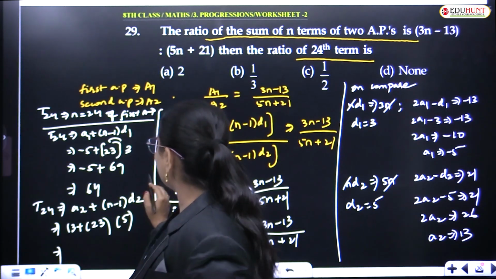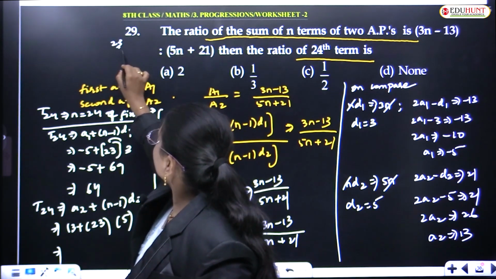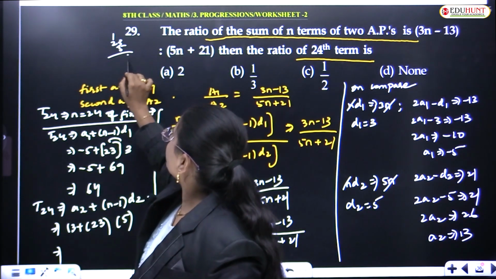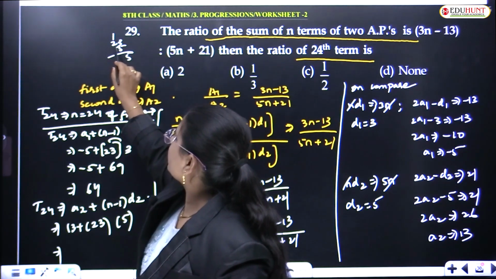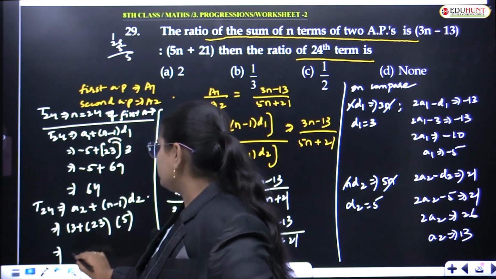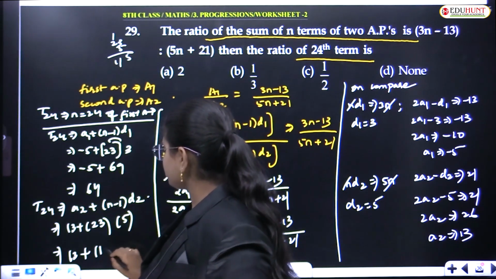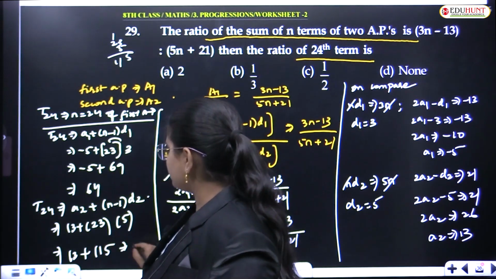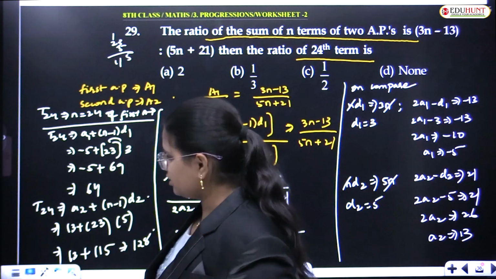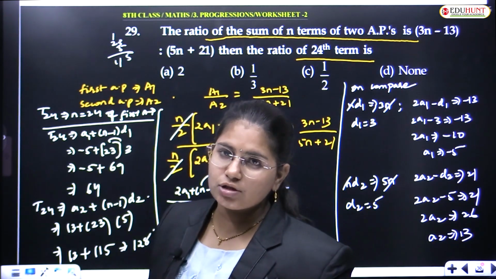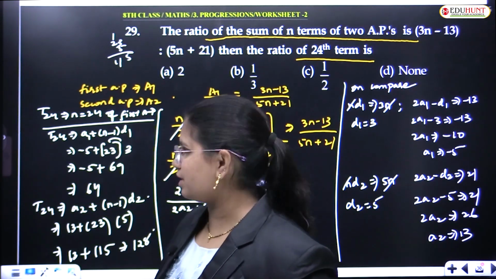So 23 into 5 is how much? 3 fives are 15, 2 fives are 10, 10 plus 1 is 11, so 115. 115 plus 13 is 128. I got the 24th terms of the first AP as well as the second AP.